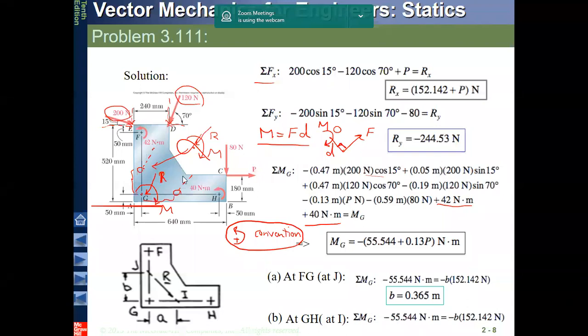As we were discussing, if you move this R to a point on line FG or GH, you can find a point that there's no moment about that point. So this is actually the whole point here. The moment about points in space are not the same, are not similar.